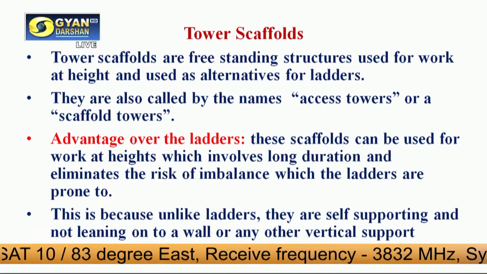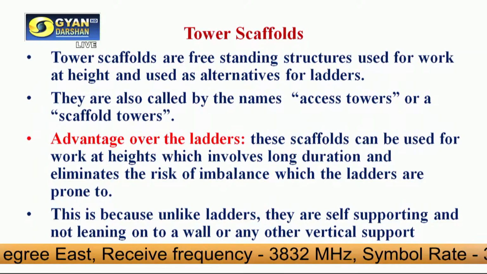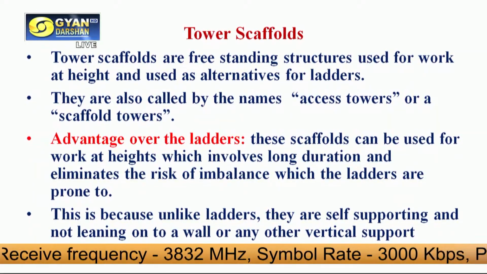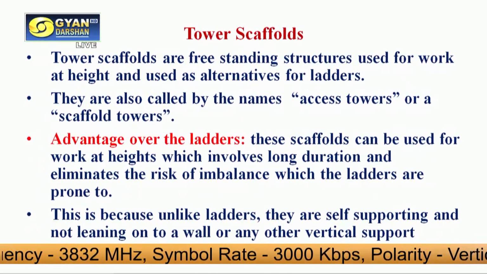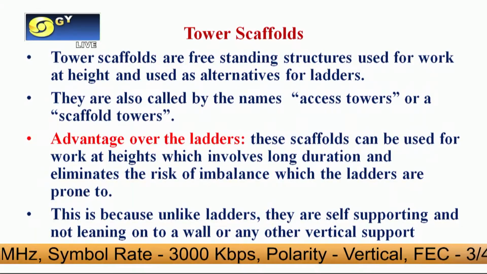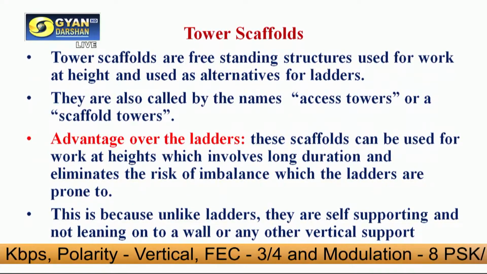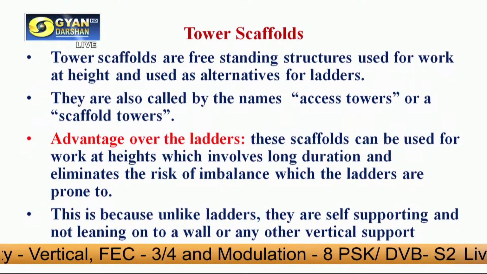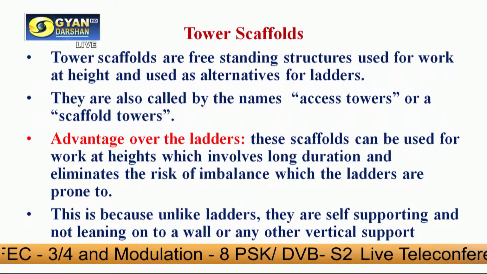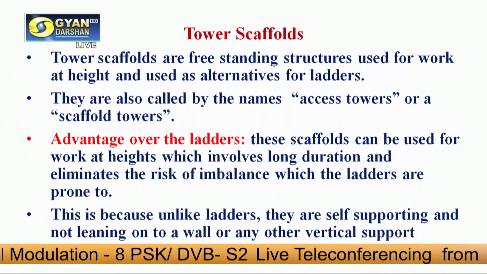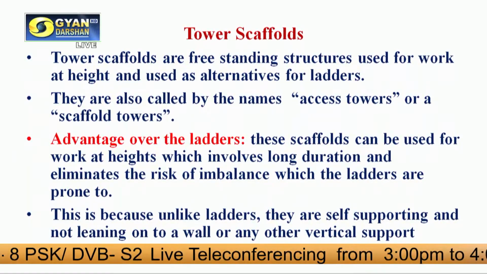They are also called access towers or scaffold towers. What is the advantage of using such scaffolds over the ladder? The advantage is that these scaffolds can be used for work at height which involves long duration, and they eliminate the risk of imbalance which ladders are prone to.